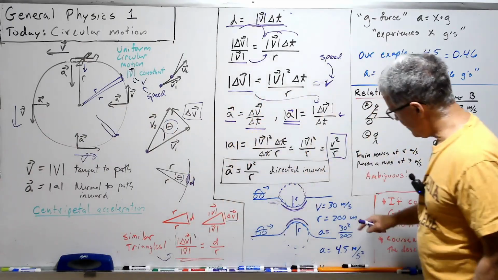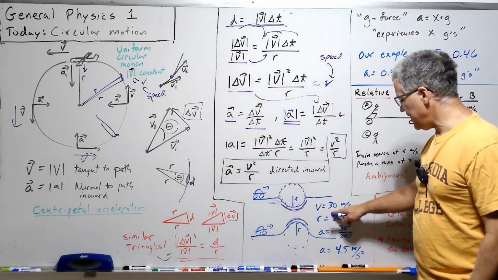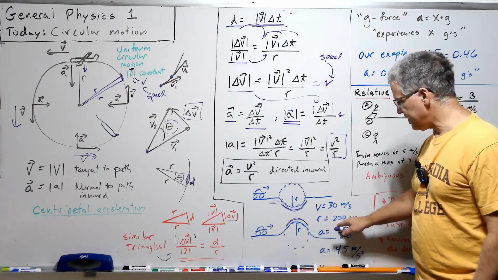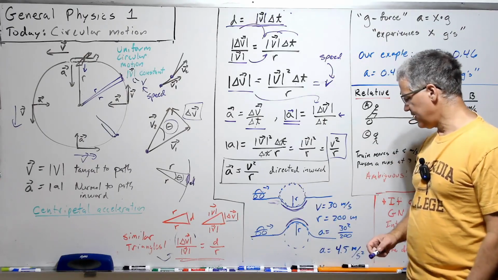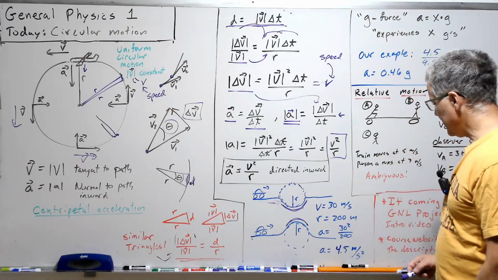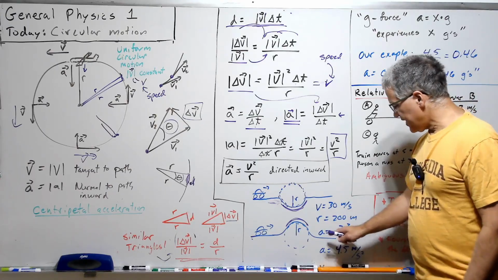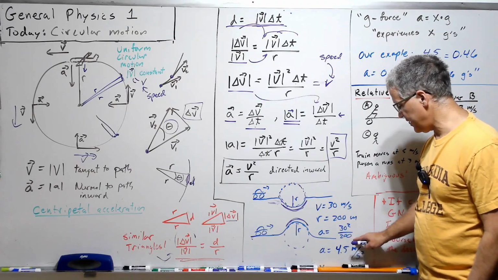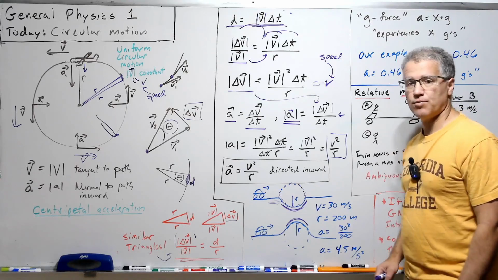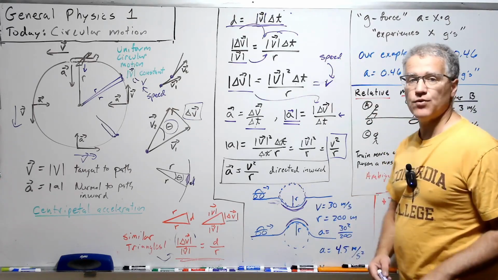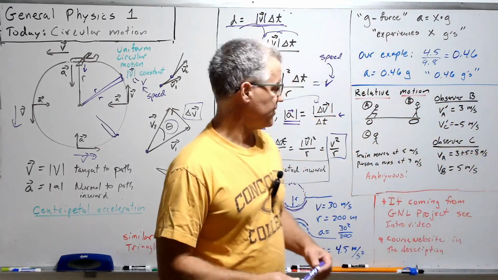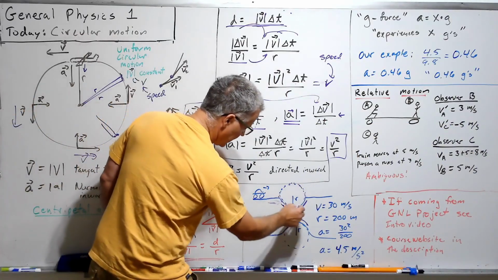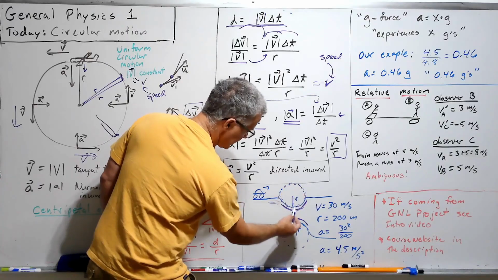Let's say the car's moving at a speed of 30 meters per second, and the radius of this circle is 200 meters. What's the acceleration? Well, it's going to be 30 squared over 200, and that works out to be 4.5 meters per second squared. It's an acceleration, so it's meters per second squared, right? And so we say, okay, that's acceleration.